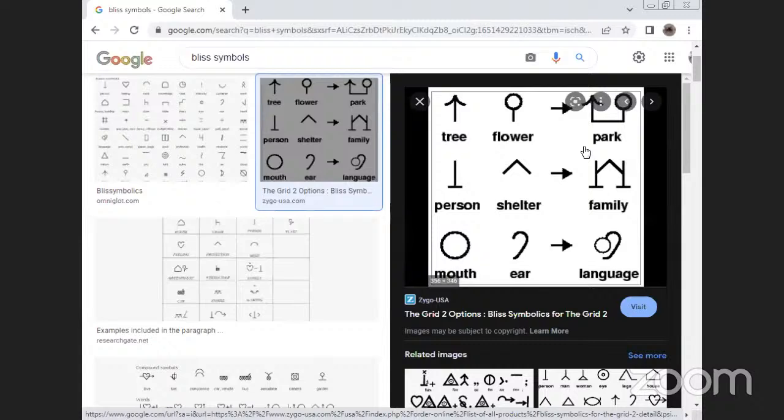One of the first symbols up there stands for the tree. Then there is the flower. There is the park. There is the symbol for a person. There is shelter. There is family. There is mouth, ear, and language.